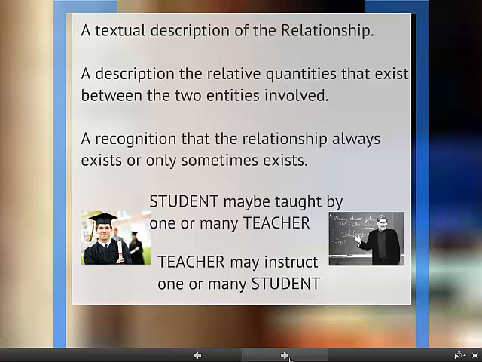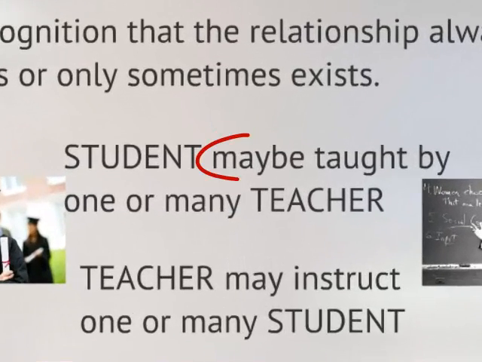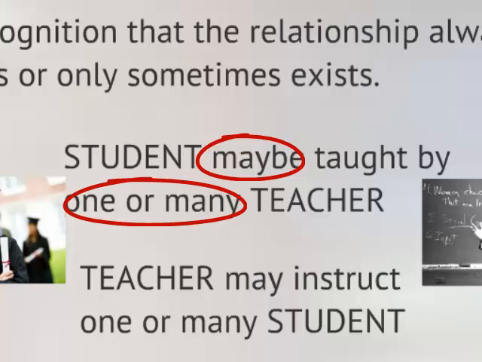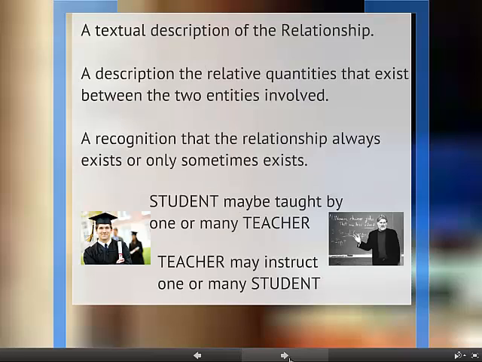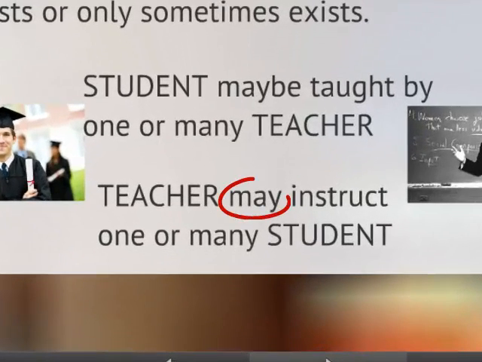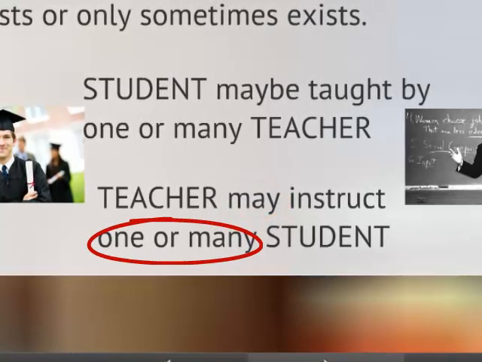Take those 2 elements, put them into our relationship between student and teacher, and we might come out with a relationship that sounds like this. Student, maybe, is optional, taught by one or many teacher or teachers. Flip it around. Teacher, may, it's optional, instruct one or many, multiple, students.